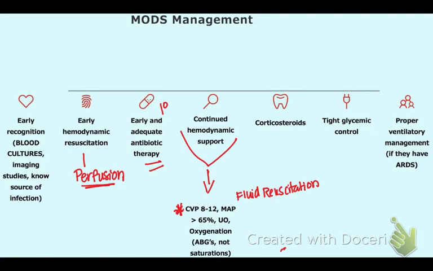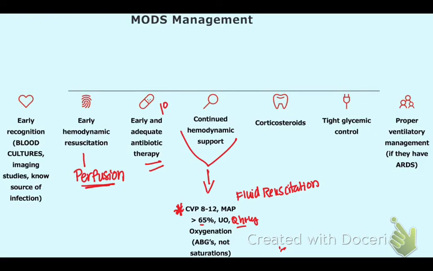A lot of these patients either have pooling in the vessel or they don't have anything in the vessel, in the pipe, so we need that fluid resuscitation. And then we want their MAP equal to or greater than 65. We want urine output, Q hourly. We're looking at that, or even more possibly.